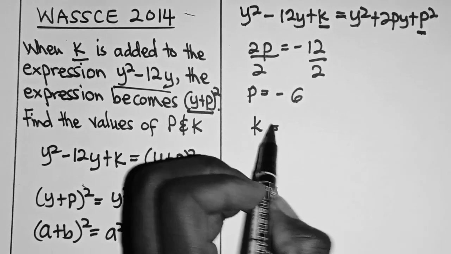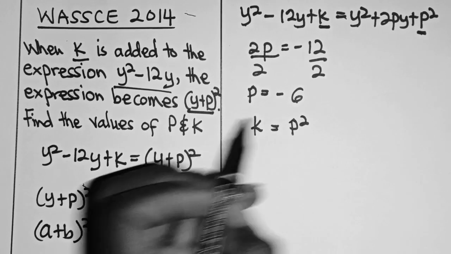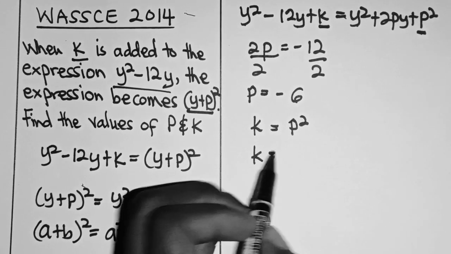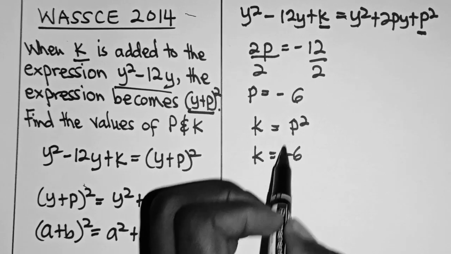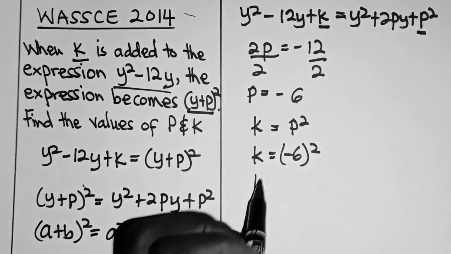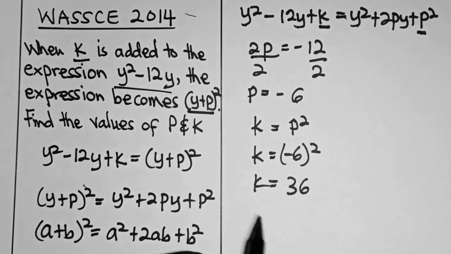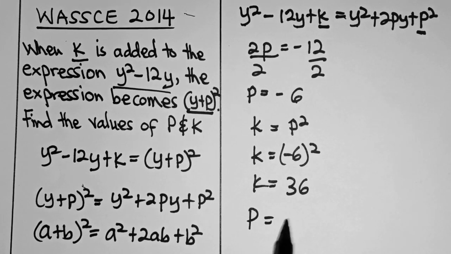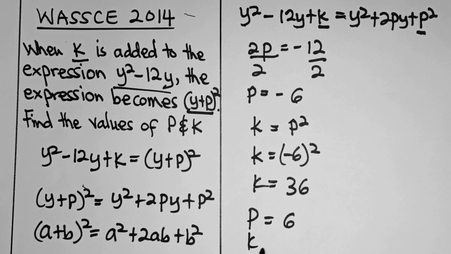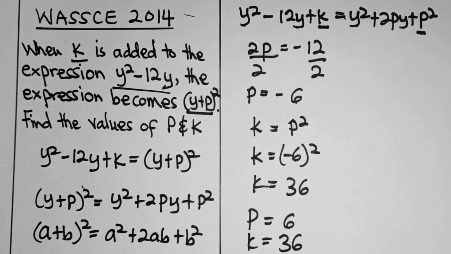It means that k is equal to p squared. But we know that p is equal to minus 6 and therefore k is equal to (minus 6) all squared. Therefore, k is equal to 36. So the value of p is equal to minus 6, and then k is equal to 36.